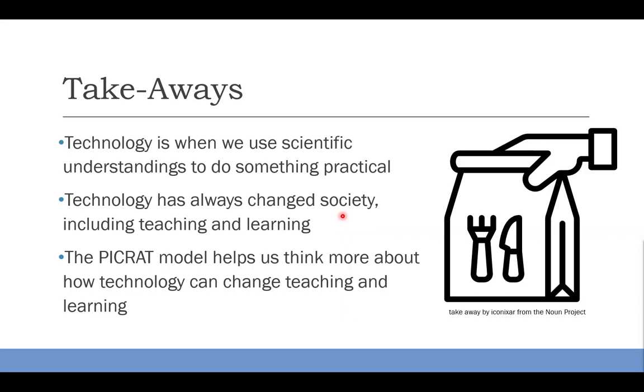Technology has always changed society, including changing how we teach and learn, such as the blackboard or slates or pencils or smart boards. It's always changing teaching and learning. And then the PICRAT model helps us think more about how technology can change teaching and learning. And hopefully that goes into preparing students better for what they need to be successful adults in society.